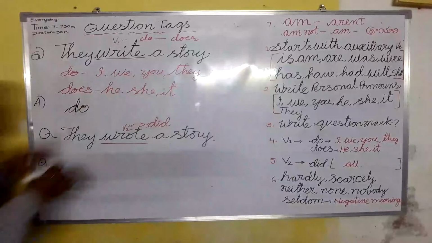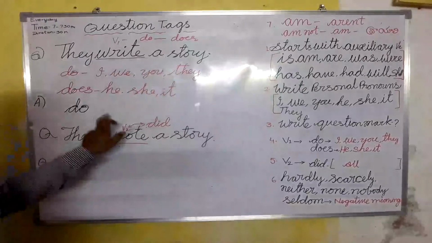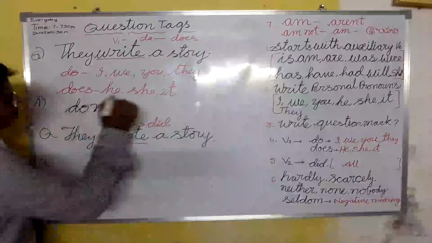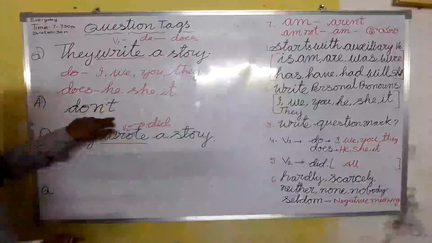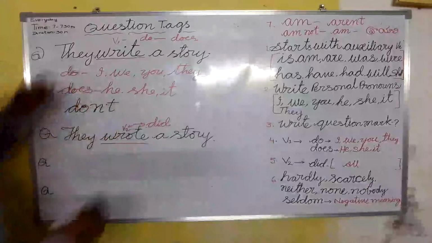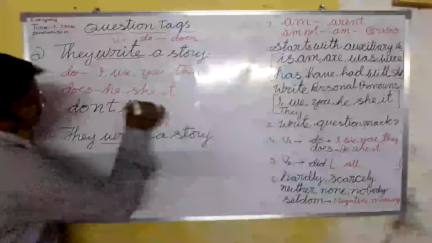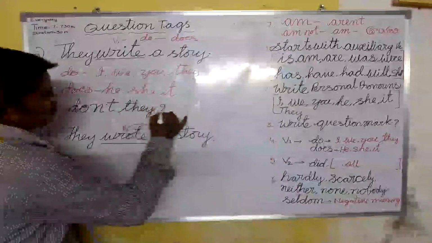Do. Is it positive or negative? Positive. So the answer should be negative, meaning don't. Don't. Next, the third point: the pronoun, they. Don't they.